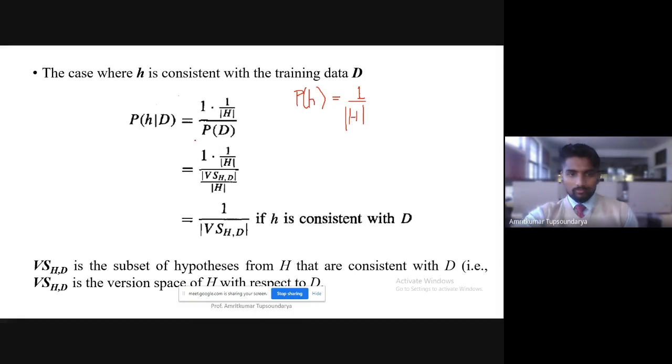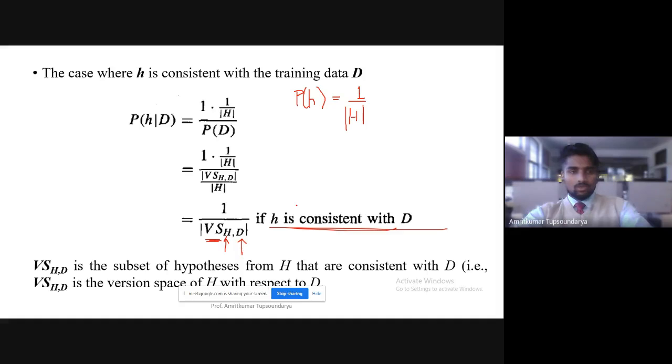So when we compute the ultimate answer for the posterior probability, we get the ratio of 1 to the absolute value of the version space, the version space for the hypothesis space H, that is the set of hypotheses that are consistent with the training data D, right? Which is nothing but VS of H,D, the version space of H with respect to D, and then we can say that hypothesis H is consistent with the training data D.